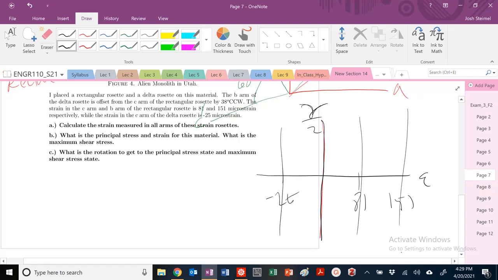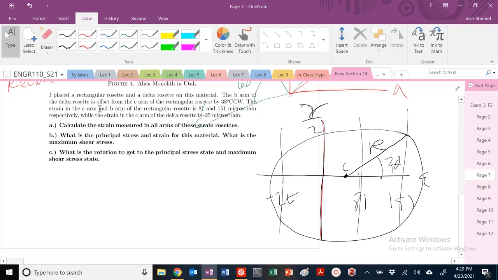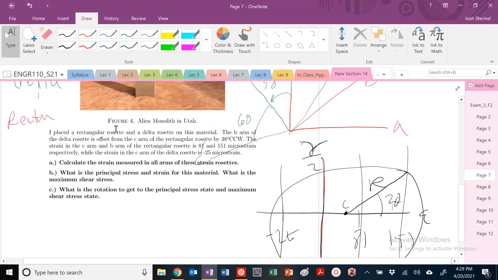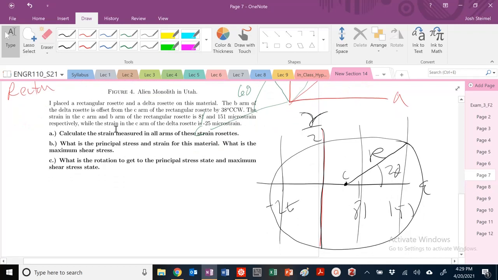We'll have lines here, here, here, and then our circle is going to be somewhere here. Just for this particular problem, this is my center, my radius is going to be here, and then I'm going to look at this 2 theta. I'm going to pick my reference point as my E sub B arm of the rectangular rosette. So that's my reference point, E sub B, and I'm going to do everything else relative to that.